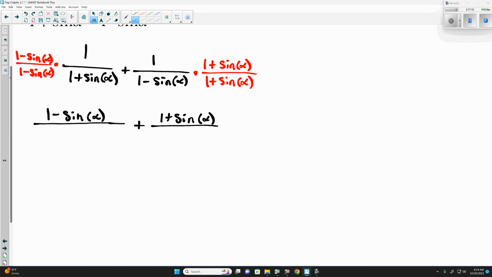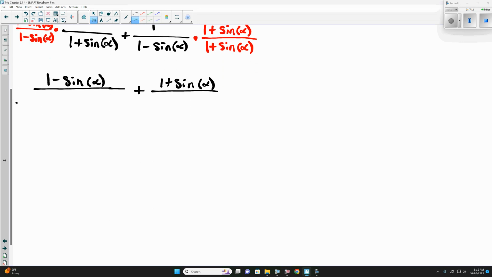Because if I did, and I'll show you this one on the left, multiply this out, 1 times 1 would give us 1. 1 times sine of alpha is going to be plus sine of alpha. Negative sine of alpha times 1 is negative sine of alpha.